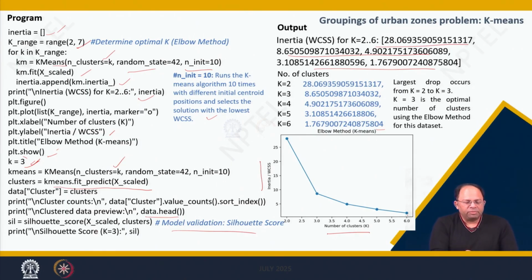For each of these clusters, we are calculating the silhouette score, giving the input as x scaled, that is the data set, and clusters, which is the model. Using that we calculate the silhouette score, store it in SIL, and print the silhouette score as well.